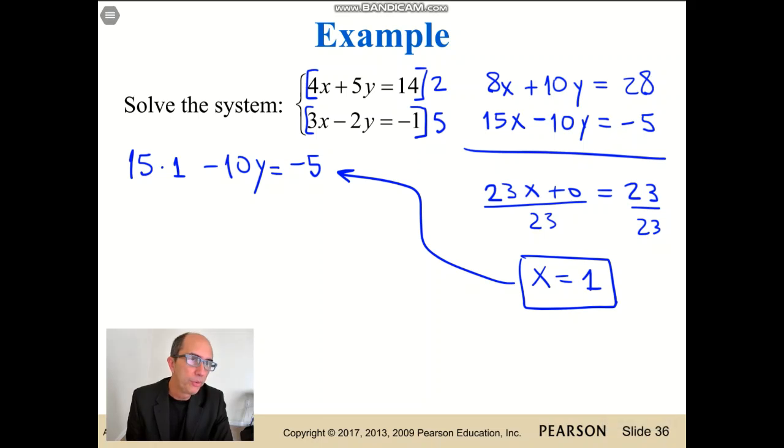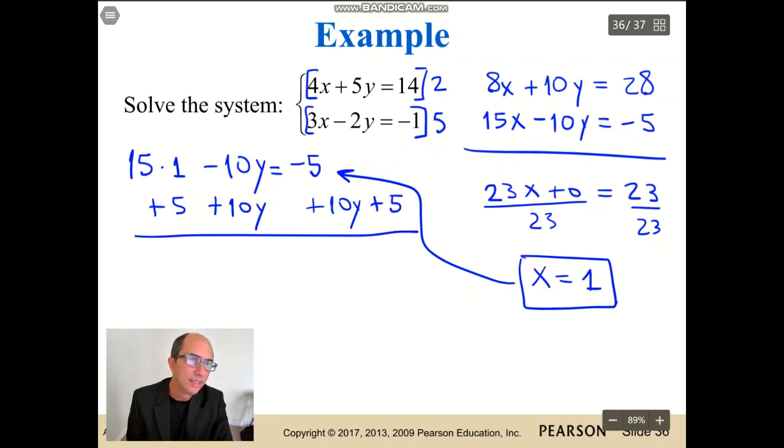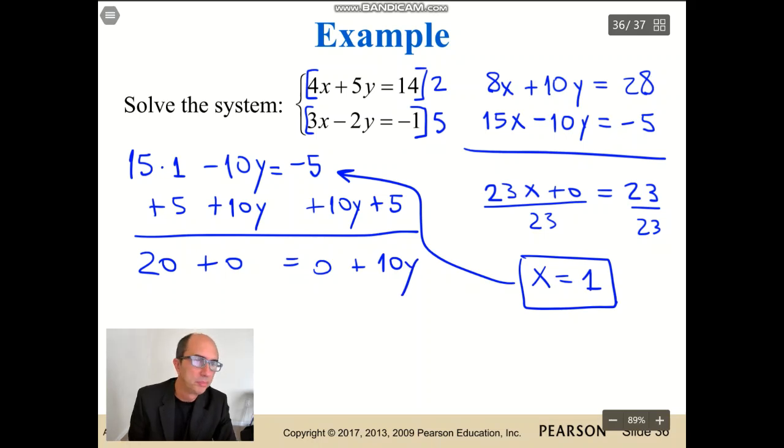Applying the addition property of equality, we can add 10y on both sides, and add 5 on both sides. And here you're going to have 20, 0, -5 plus 5, 0, and 10y. That means y equals 20 divided by 10, 2. The ordered pair solution of this system of equations is going to be 1 and 2.